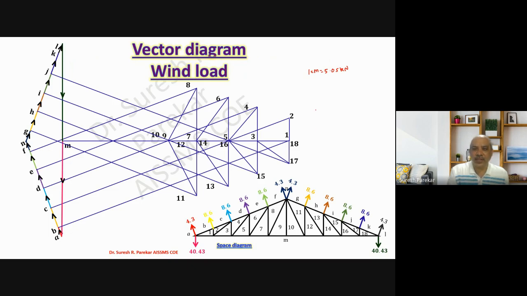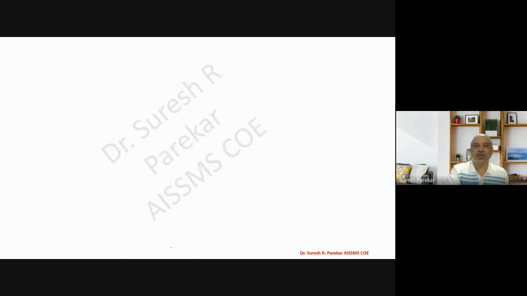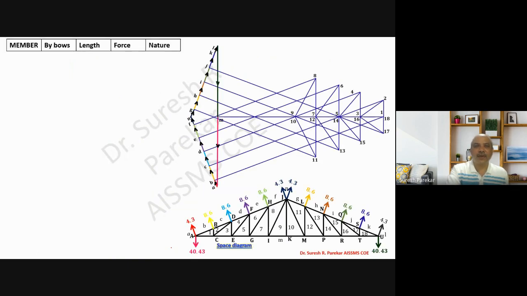I considered 40.43, which is 4 divided by 5, and then it comes to 5.05 or 5.06. This 40.43 I considered as the vertical, and accordingly I considered this scale and plotted it. So the scale is 5.05. Now in the same way we will start.